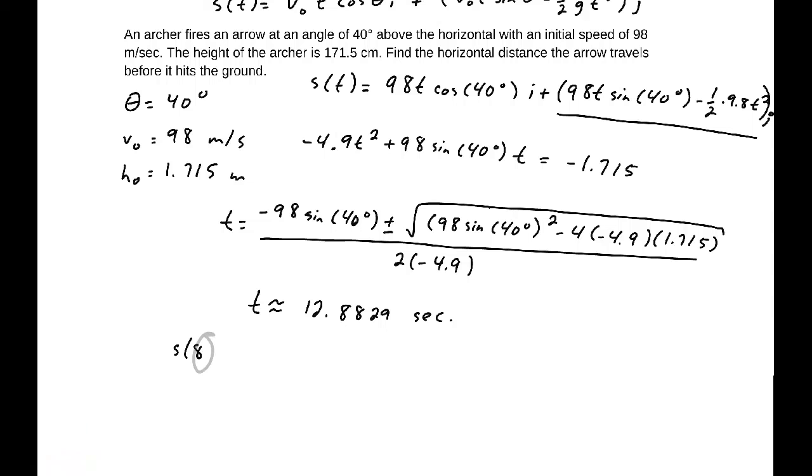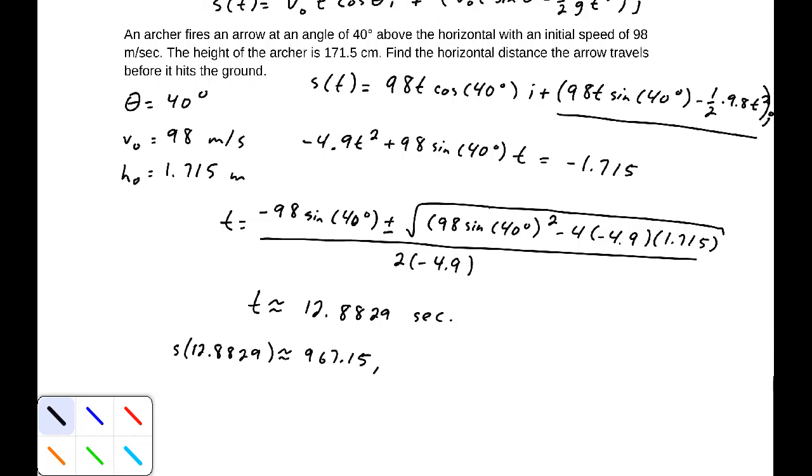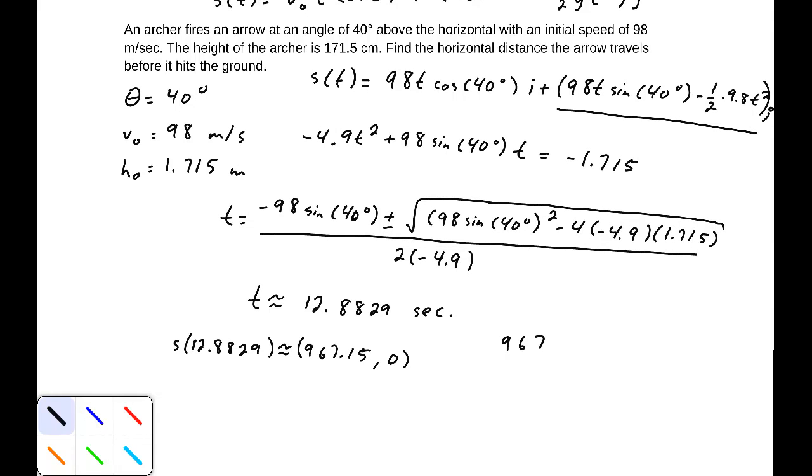Here, let me just go ahead and write that. s of 12.8829 is approximately equal to (967.15, 0). And so the horizontal distance it travels is approximately 967.15 meters.